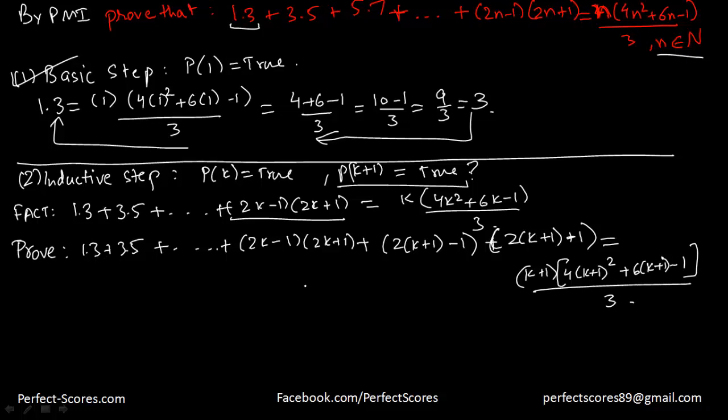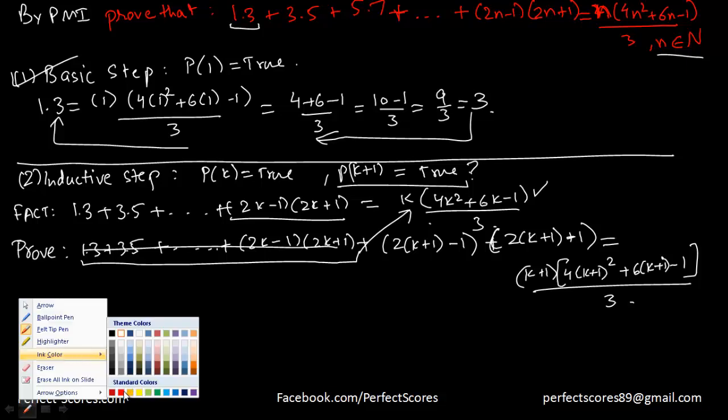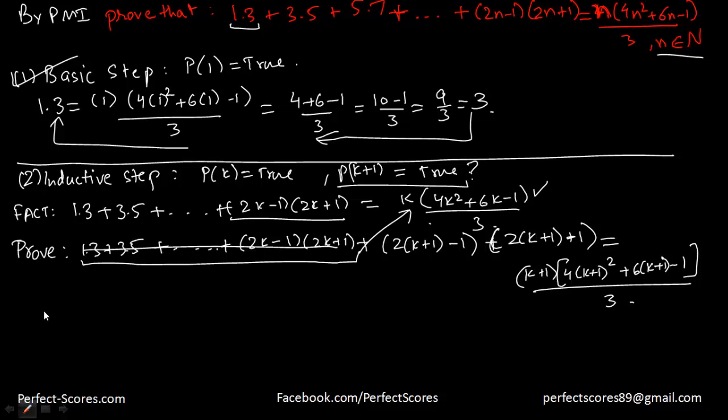So again, I'm just going to manipulate a little here. I have to prove that this is equal to this. Instead of all these numbers, I'm going to write this expression here, because at the end of the day, this is the fact that we have. I'm just going to do the left hand side with a different colored pen here. Let's pick up yellow.